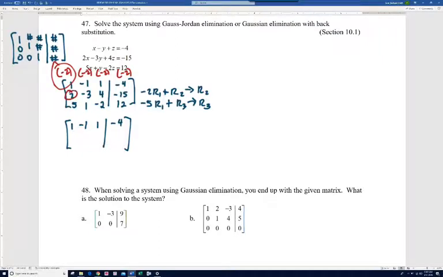And when we add that to 2 here, we get the 0 that we want. -2 times -1 is 2. And when we add that to -3, we get -1. -2 times 1 is -2. Added to this 4, we get 2. And -2 times -4 is 8. And when we add 8 to -15 here, we're going to get -7. All right, so let me get my eraser.